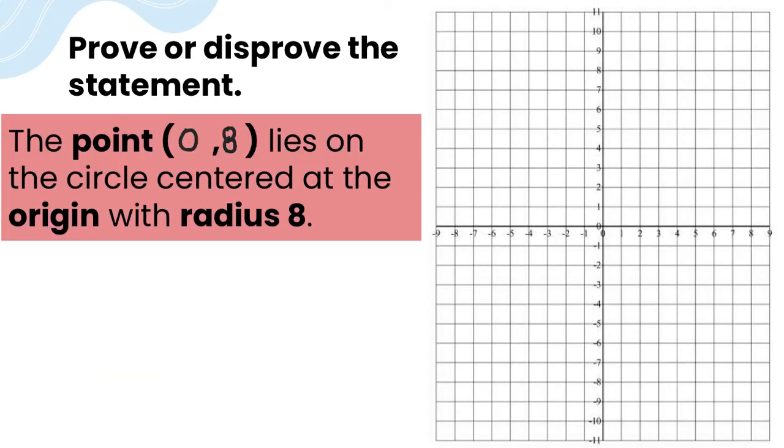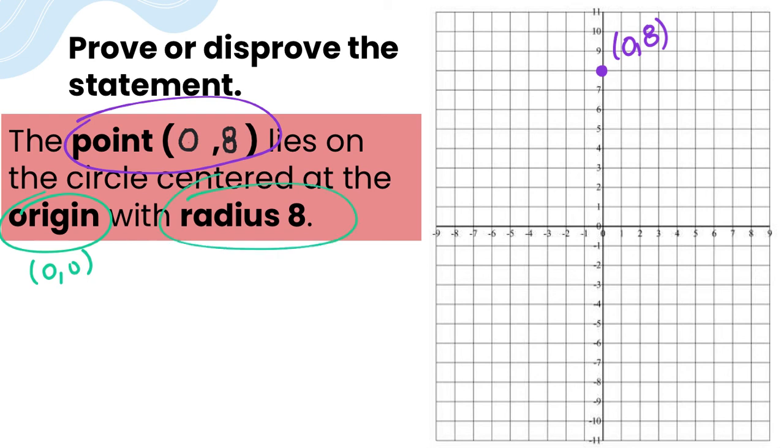The second kind of problem we're going to work through today is where I give you a point. So let's go ahead and put that point on the graph. So that's 0, 8. And then we are going to have our origin for our center. So that's going to be at 0, 0. And our radius is 8.